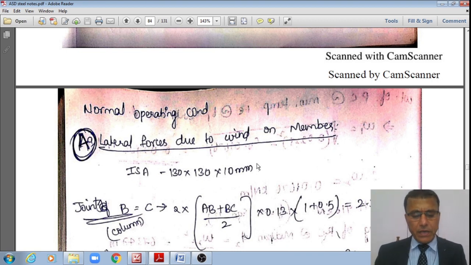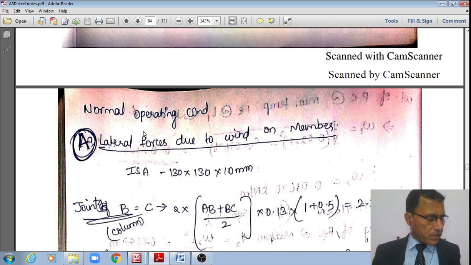Now the second bit of this problem is that you determine the various forces, such as lateral forces due to wind, or longitudinal forces if any, or torsional forces if any, due to dead load acting on the tower under the following conditions: 1, normal operating condition; 2, topmost power conductor in the broken condition; 3, the ground wire in the broken condition.